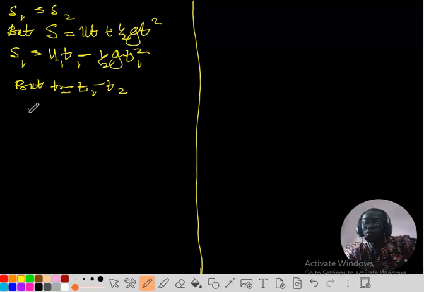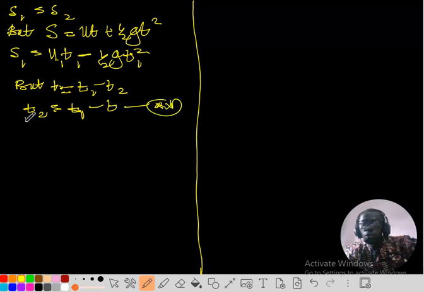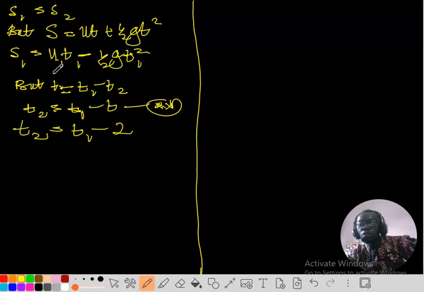Then I can have t2 equals t1 minus t. Call this equation star. So t2 here will be t1 minus the time interval, which is 2. So anywhere we see t2 in the distance for the second object, we replace it with t1 minus 2.